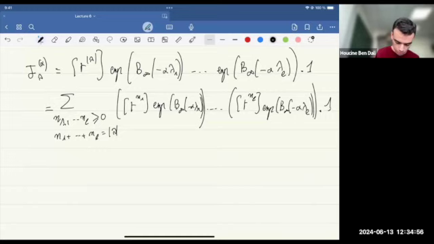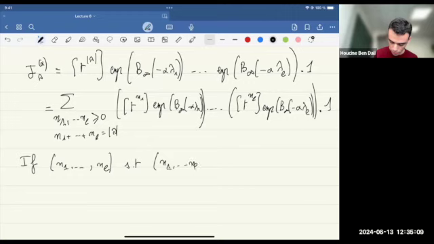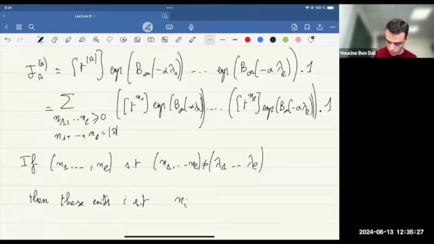So when we take some tuple n_i's different from the tuple lambda_1 to lambda_l, then we know that there exists some i such that n_i is bigger than lambda_i.